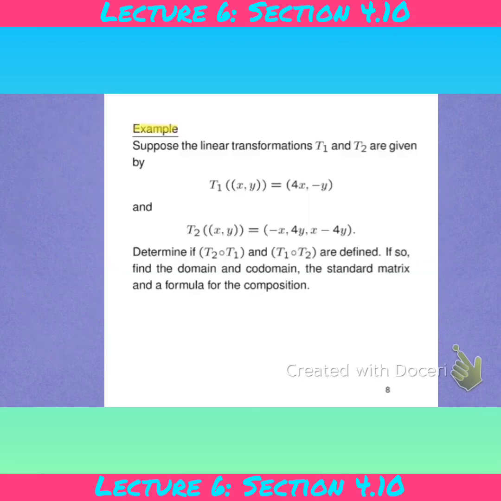Okay, so next we have the example. Suppose the linear transformations T1 and T2 are given by this transformation and that transformation respectively. They ask us to determine if the compositions T2 with T1 and T1 with T2 are defined. And if they are defined, we need to find the domain and codomain, the standard matrix, and a formula for the composition.